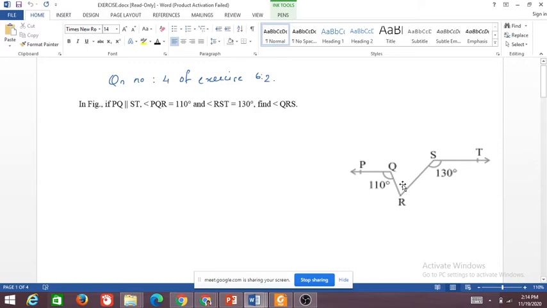By drawing a parallel line to ST at the point R, ma'am. Yeah, correct. Good, Ramya. So, you can draw a parallel line here.